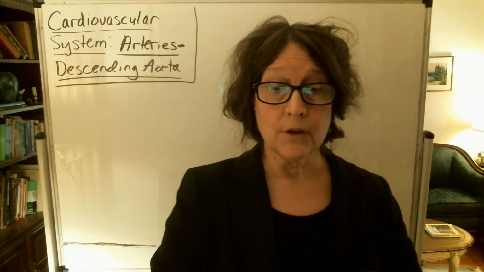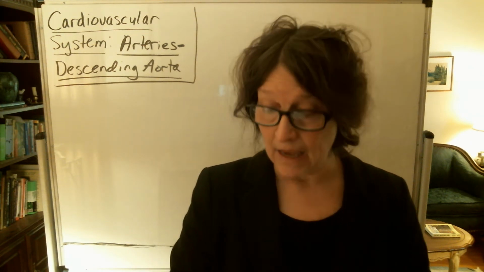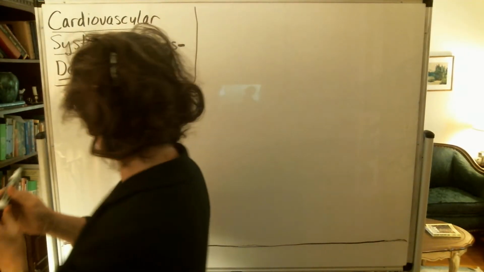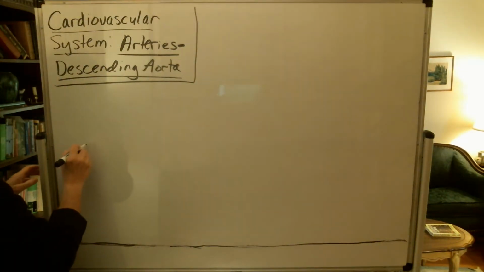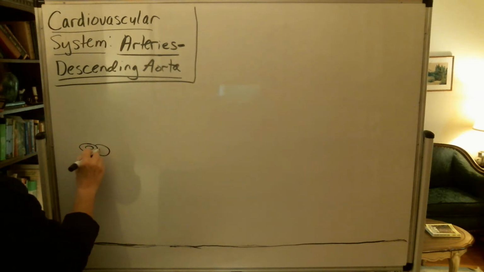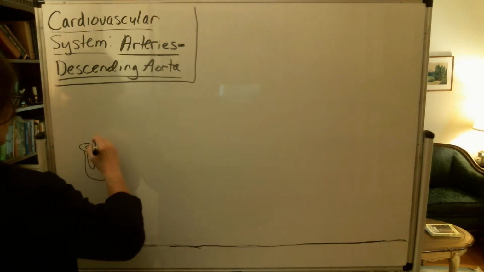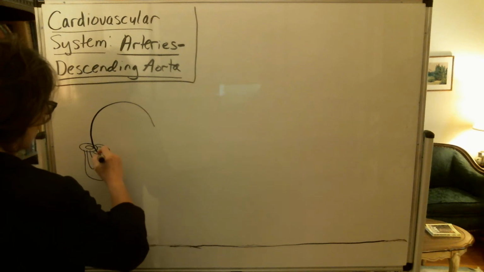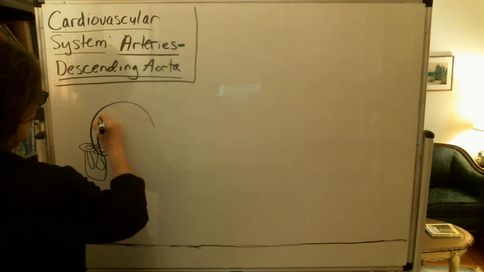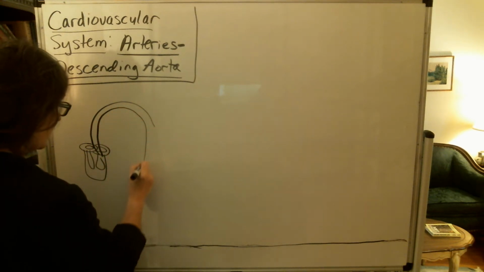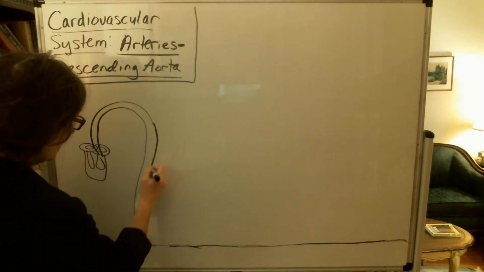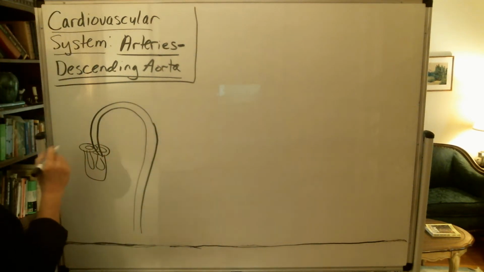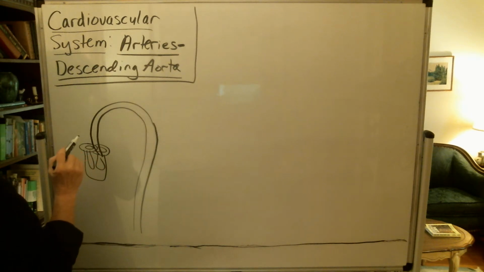This lecture is on the arteries that come off of the descending aorta. So you recall now, you have the heart. You know about that. And in a completely disproportionate way, I have now drawn in the aorta.